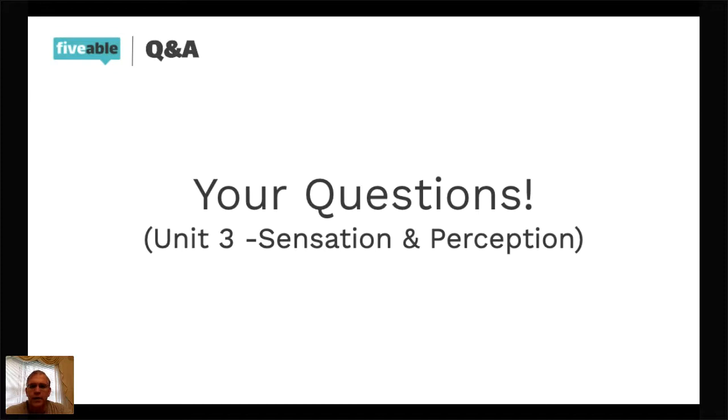Can I explain signal detection theory? All right. So, signal detection theory, and it's been a while since I taught, so I'm just going back to it. The idea behind signal detection theory is that it doesn't just refer to sensing.